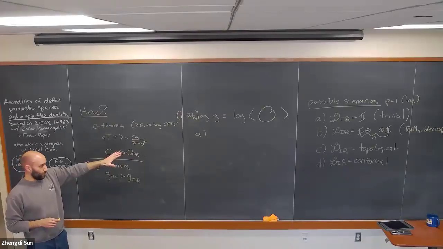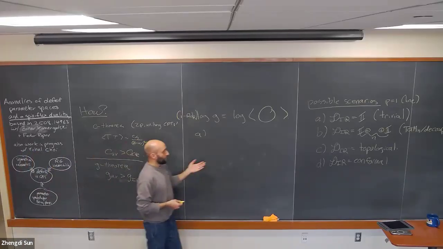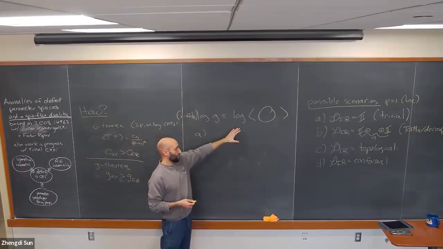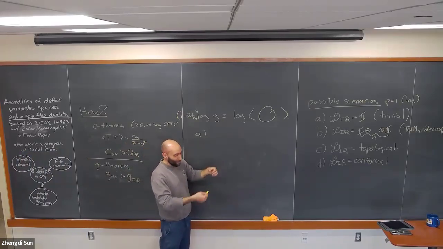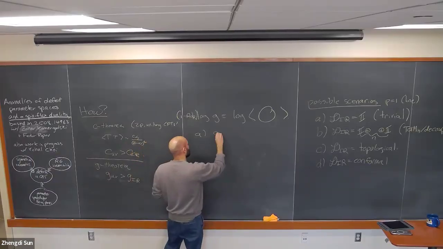It'll be helpful to go through each of these four different possibilities and say what the G function could be. In the case of a trivial line defect, you're essentially just computing the thermal partition function of a trivial quantum mechanics theory, so the G function is basically just 1.